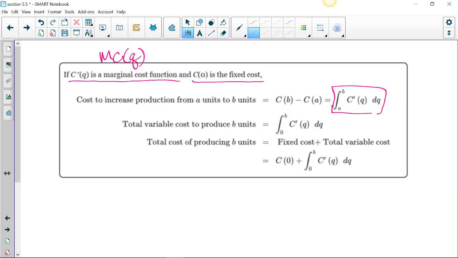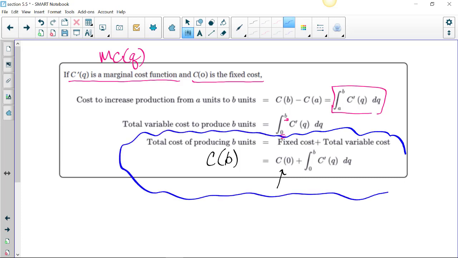The total variable cost is this integral here, starting at 0 up to a certain level of production. And here's what we're really getting at, the total cost of producing B units. So we could say the total cost of B units is the fixed cost plus the total variable cost, which is that integral. Okay, so this is what you'll probably be using the most.